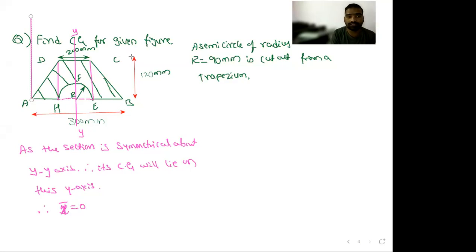So now I will write x bar is equal to 300 divided by 2, equal to 150 mm, from the reference axis. I will write both points, आपको confusion नहीं होने का. So x bar is equal to 0 from the symmetrical axis.